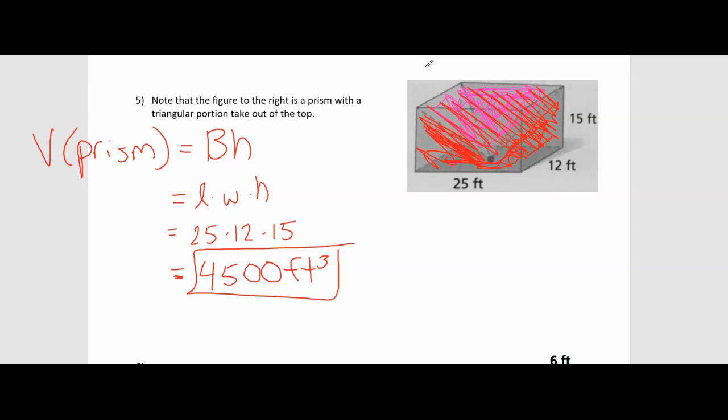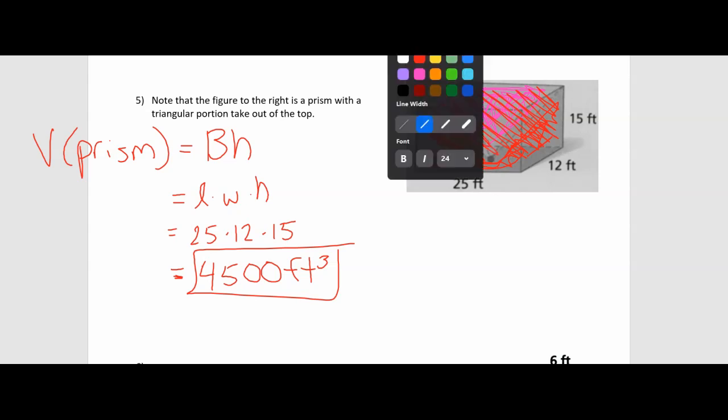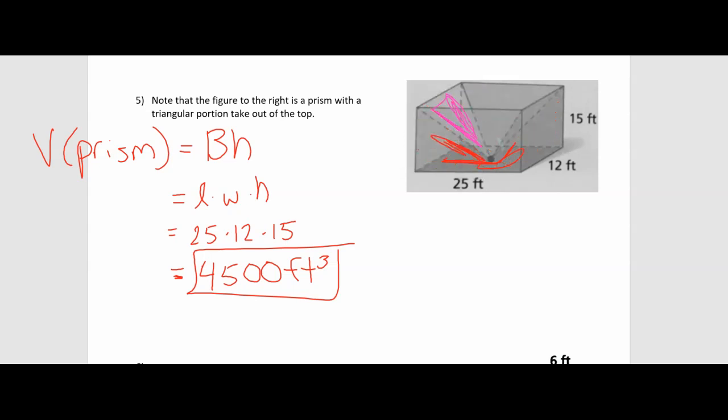I need to remove the pink from the red. So if I'm looking at that rectangular pyramid, volume is equal to 1/3 big B times h. Area of the rectangular pyramid's base is just going to be length times width. And then, of course, height of the pyramid.